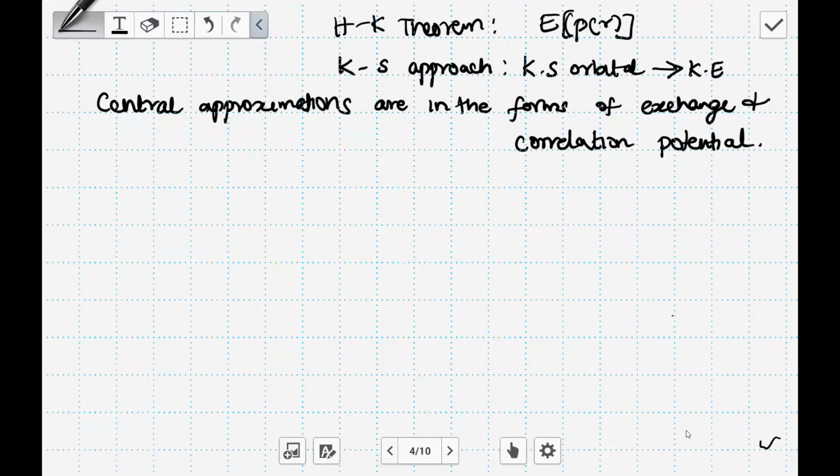Right? What do you mean by that? Electrons are fermions, right? So when you went from Hartree to Hartree-Fock approach, you introduced something called Slater determinants, which incorporated the fermionic nature of electrons.